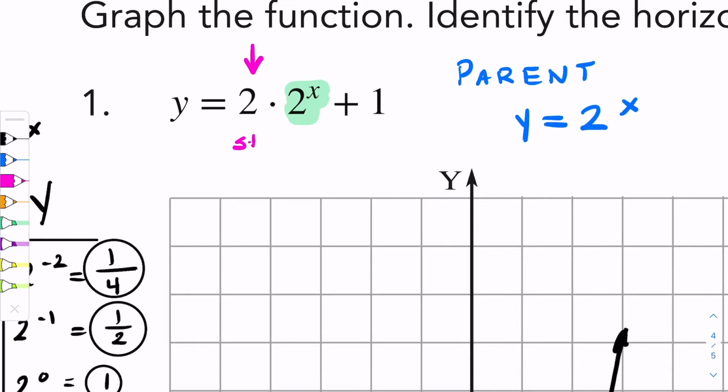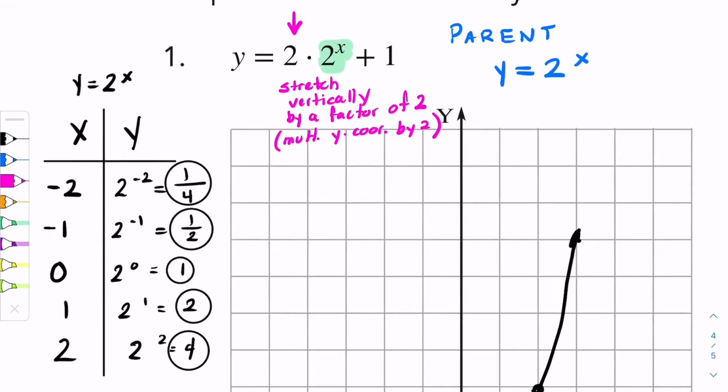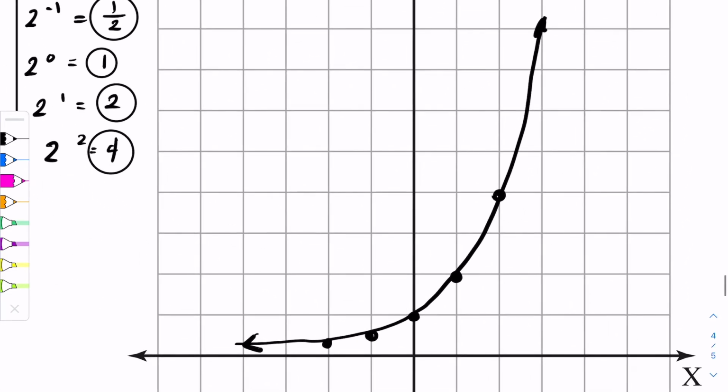Next, check for your a value or your reflection. This is a stretch vertically by a factor of 2. That tells us to multiply the y coordinates by 2. So if I come down to the graph, I'm going to look at all of my y coordinates, starting with this one right here.